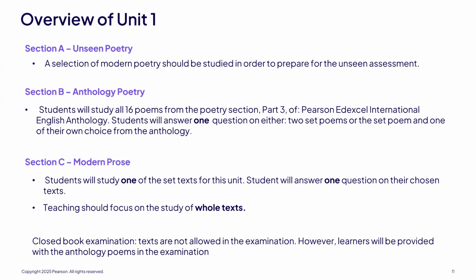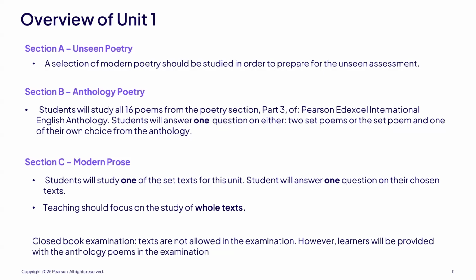Well, study a range of modern poetry, and obviously we're looking at language, form and structure, so teaching of those, identifying of those skills, how you prepare students for that section A. For section B, the anthology poetry, the 16 poems we're going to look at on the next slide.